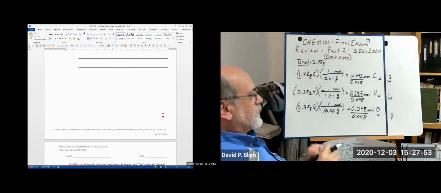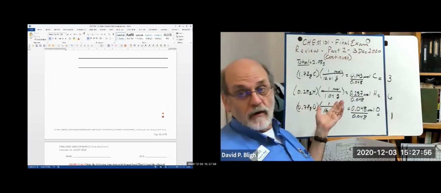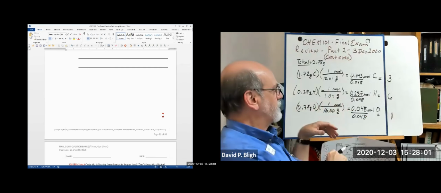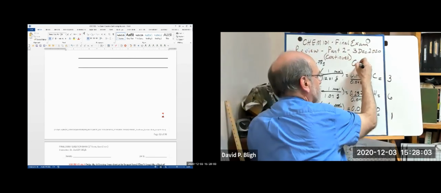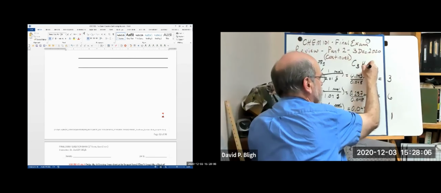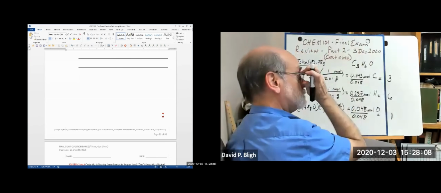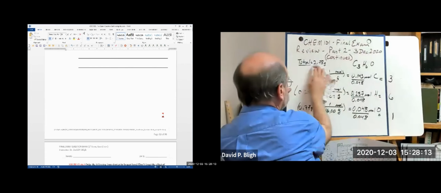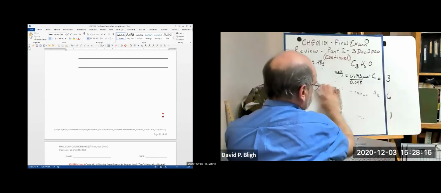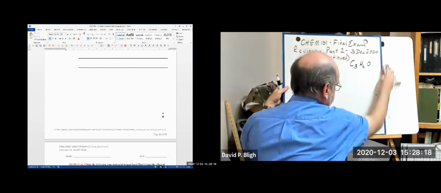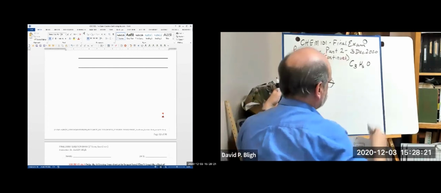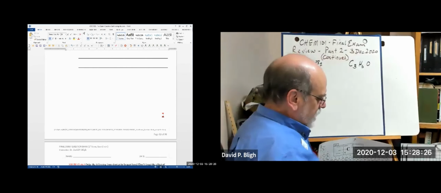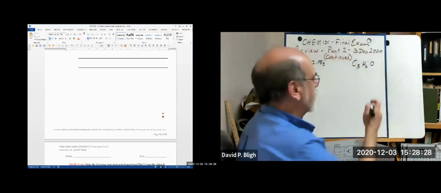Okay? So now, which one is this? The empirical or the molecular? This is the empirical ratio, right? So this is going to be C3H6O. Okay, that's the empirical formula. Now, to find the molecular formula, we need to locate our multiplier.